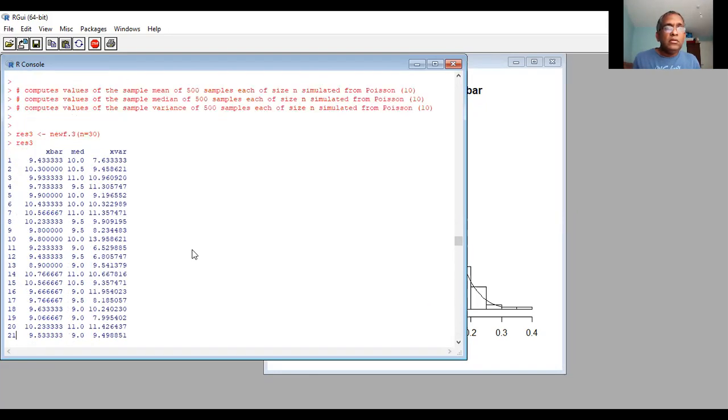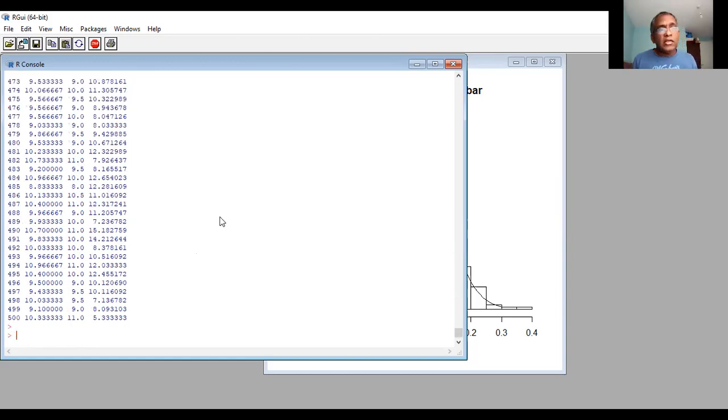The first column are the 500 values of the sample mean. The second column are the 500 values for the sample median, and the third column are the 500 values for the sample variance.